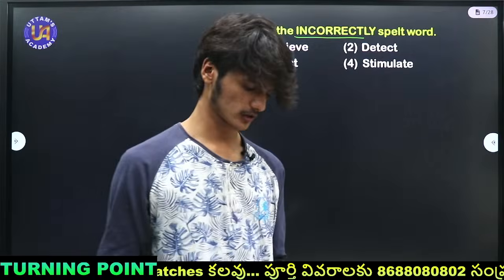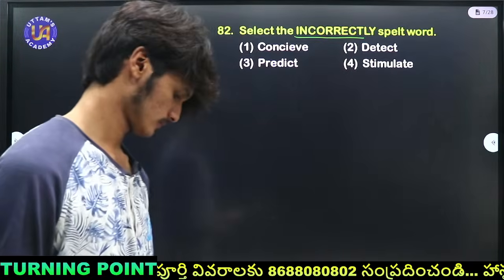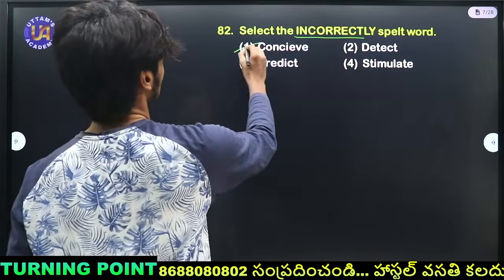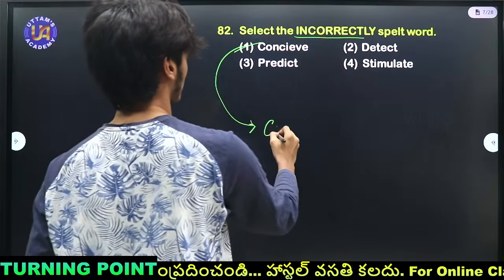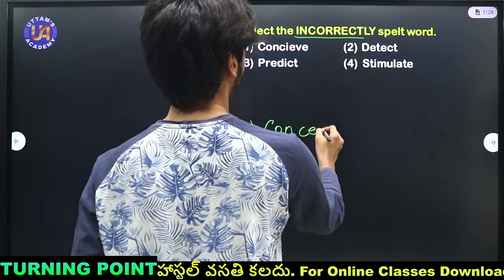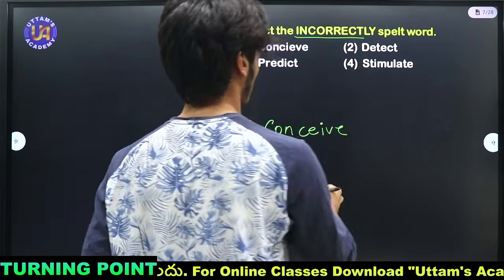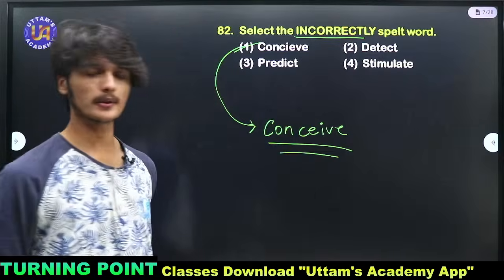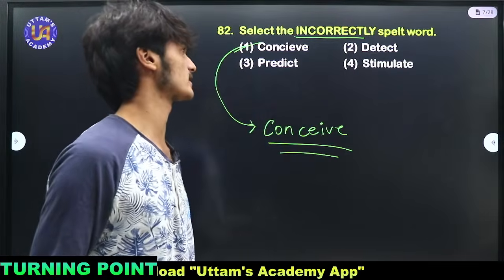Ram Nikita also says option 1. So yes, conceive is incorrectly spelled. The correct word is C-O-N-C-E-I-V-E, conceive. Conceive generally means getting pregnant.